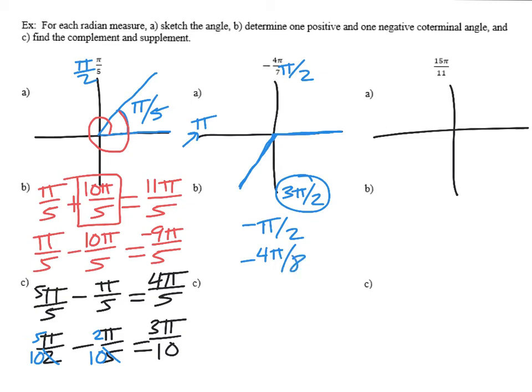And I'm negative 4 pi over 7, which, as a number, is just slightly bigger than negative 4 pi over 8. All right, and same deal here. Here's negative 4 pi over 7.